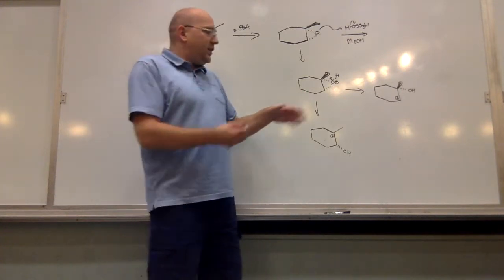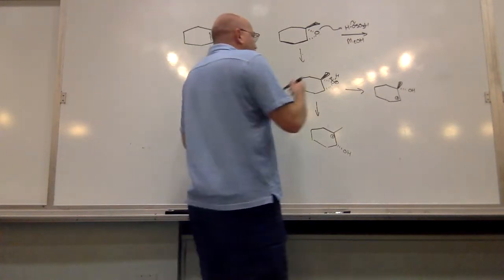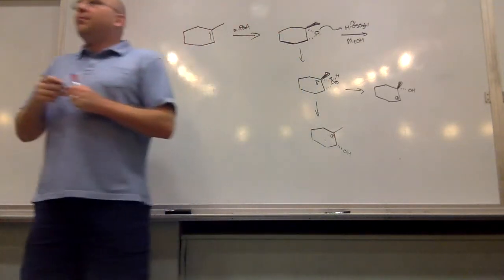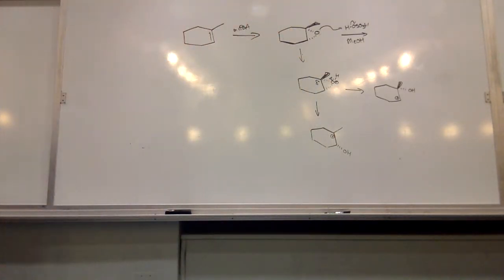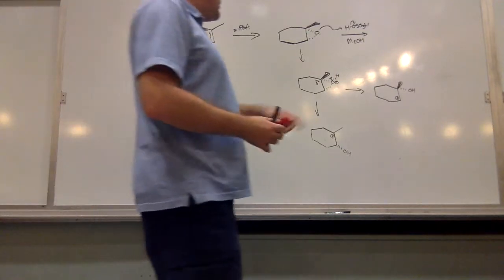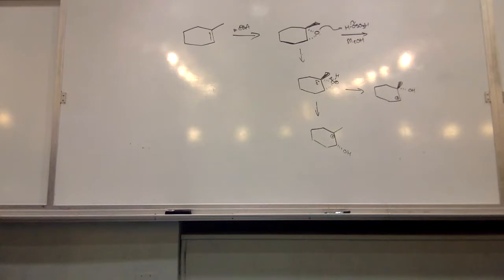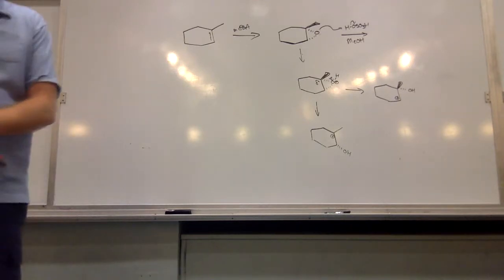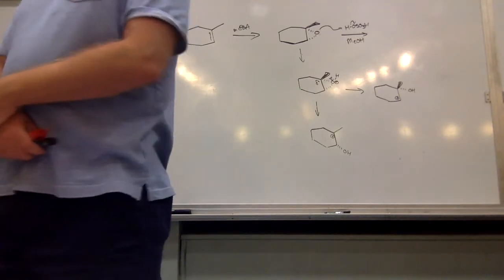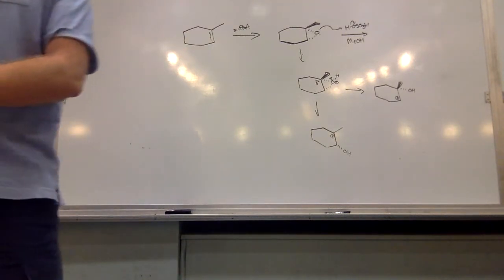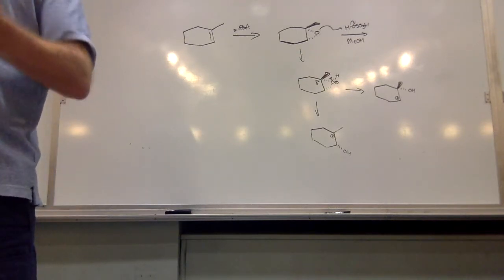Which basically means that the delta plus, much like with the bromonium ion that we saw, is going to be mostly on that guy right there. Which means that if methanol were going to attack, we may get some stereochemistry here, some stereochemical preservation, if you will.